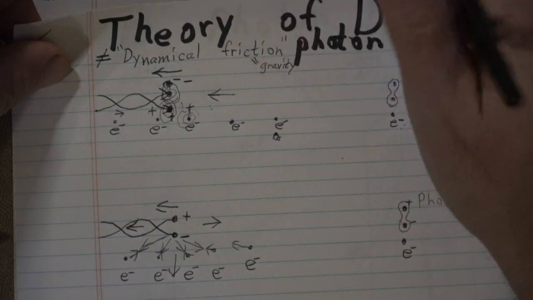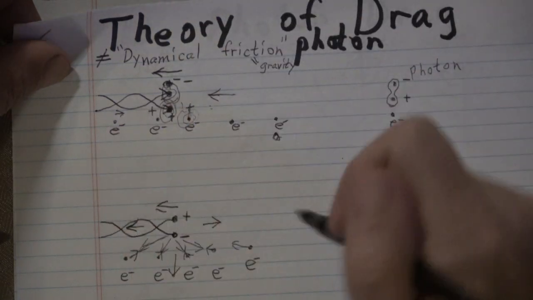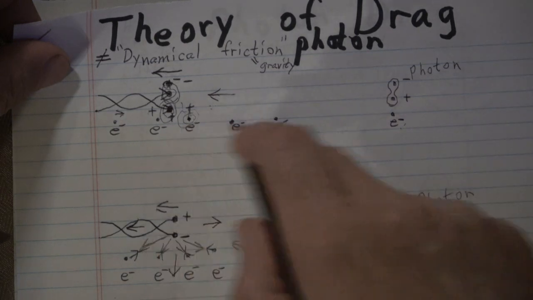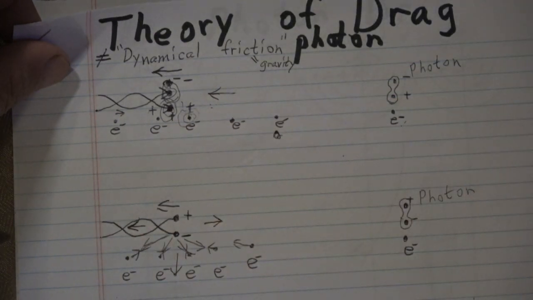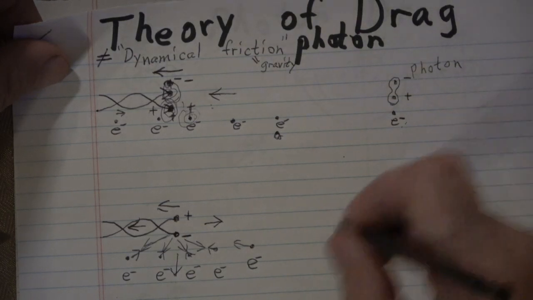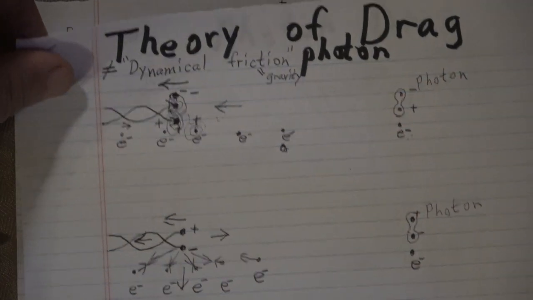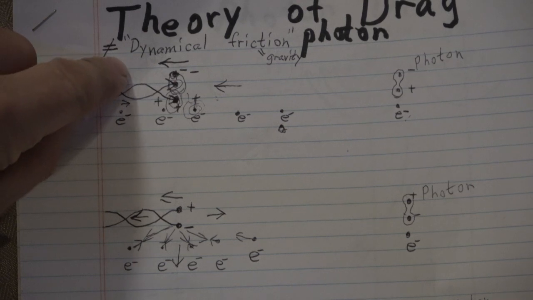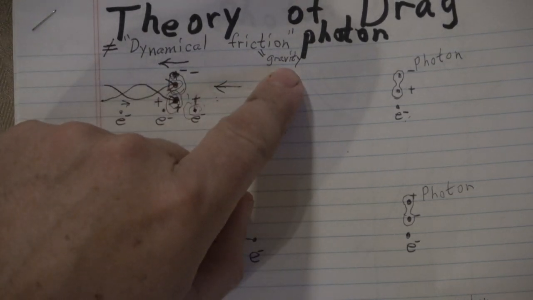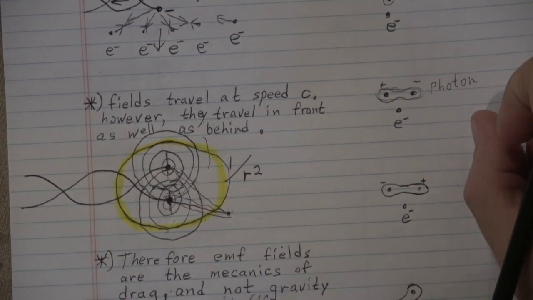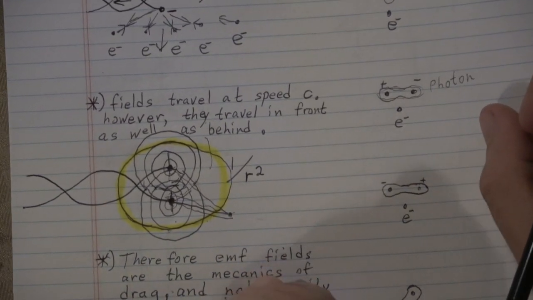And they're closer together when the particle keeps going. So the gravity is stronger as the particle is moving away, and the particle is actually losing energy or velocity as the mass that it's passing by gains a little bit of energy. So dynamic friction is not what we're talking about. We're not talking about a gravitational reaction. We're talking about an electromagnetic interaction.